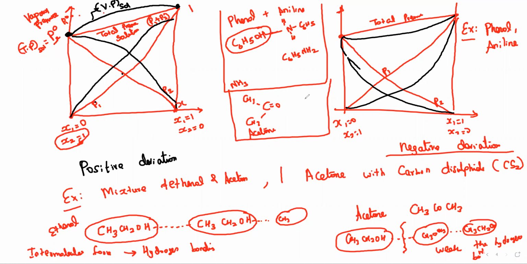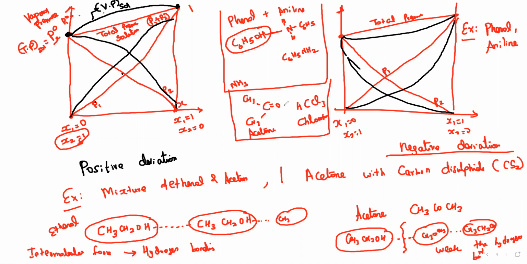If chloroform is added to acetone, what is chloroform? CHCl3. So when chloroform and acetone are added together, what will happen?